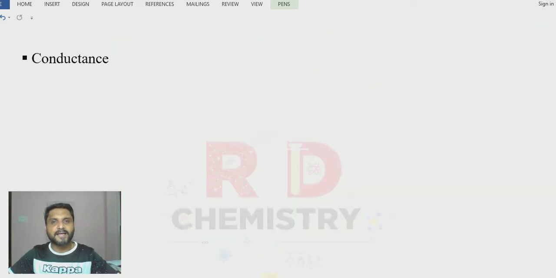Now, what is conductance? Conductance is represented by the letter G. In electrochemistry, we come across G. It is the reciprocal of the resistance R, correct?